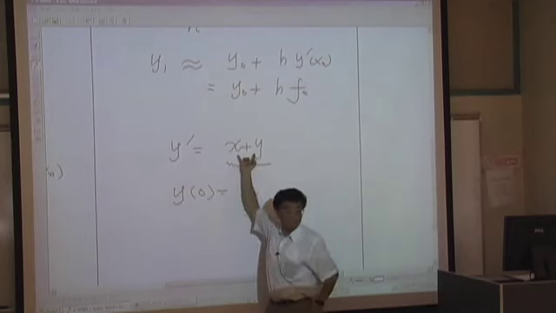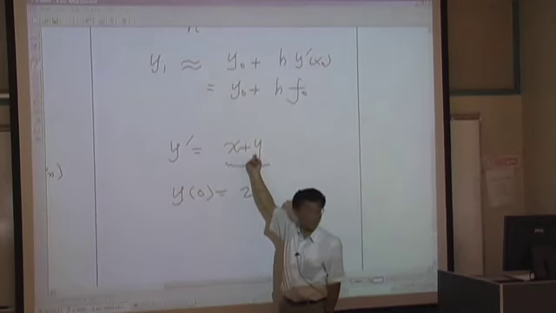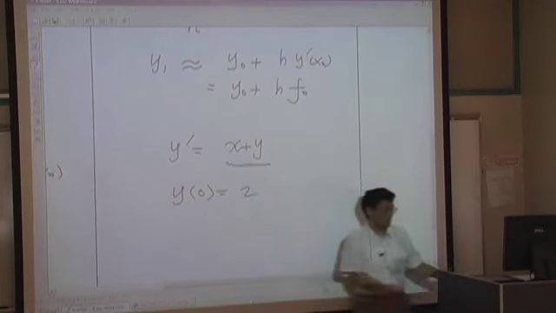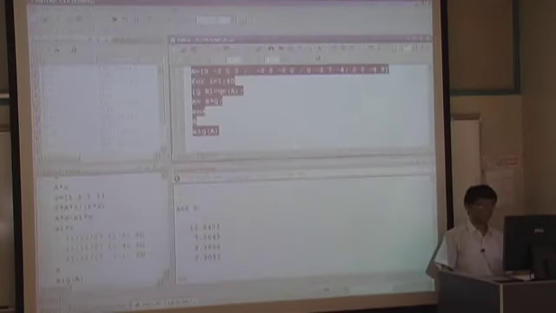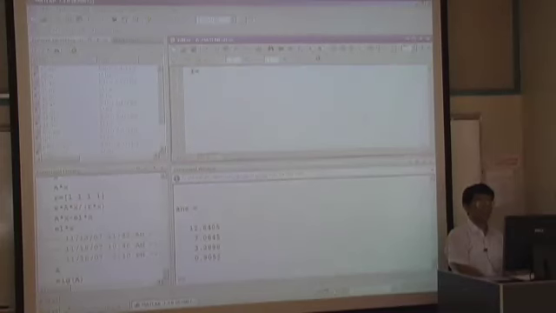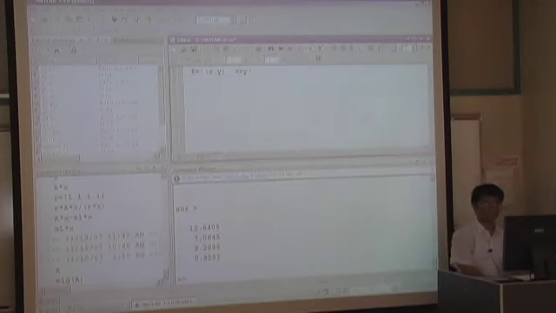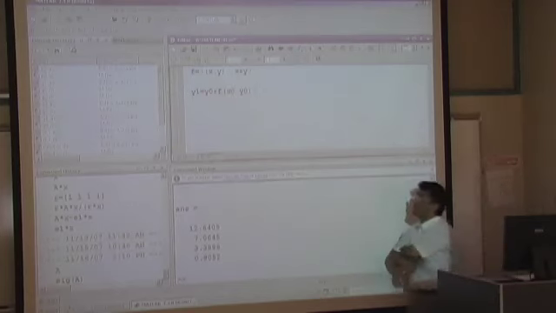So the f function is the right side of the differential equation. That is x plus y. Let's do it. So f equals... So roughly, this is Euler's method.